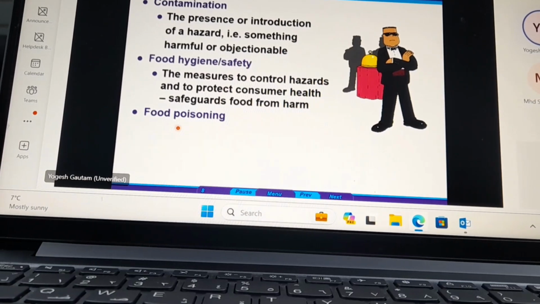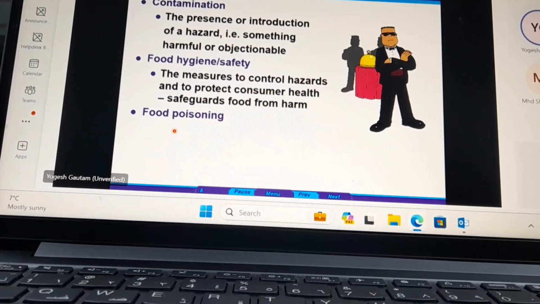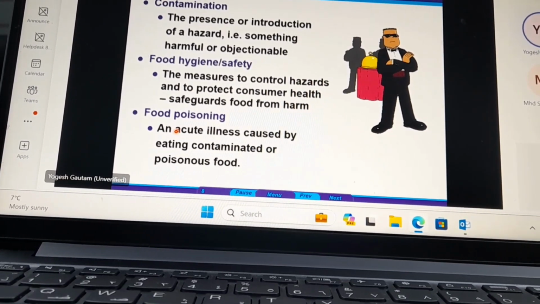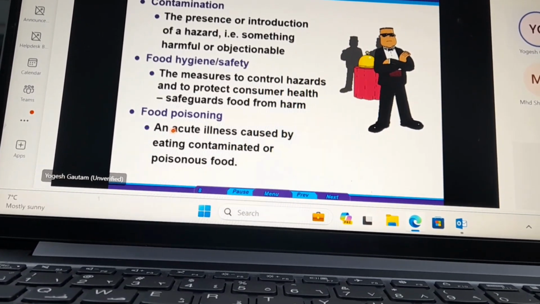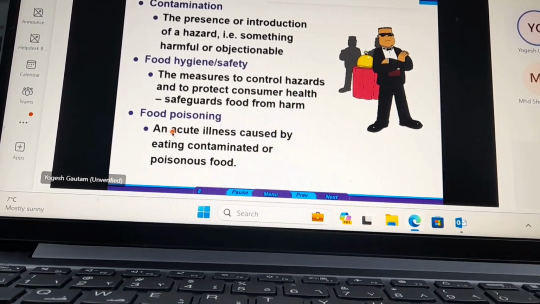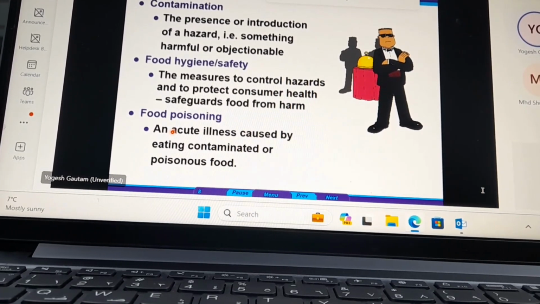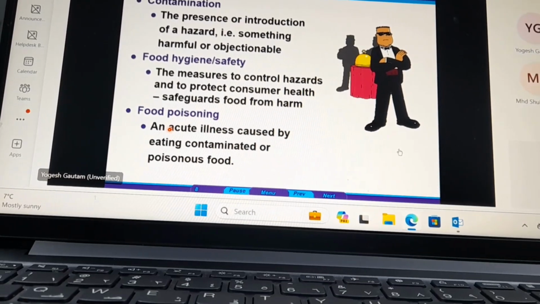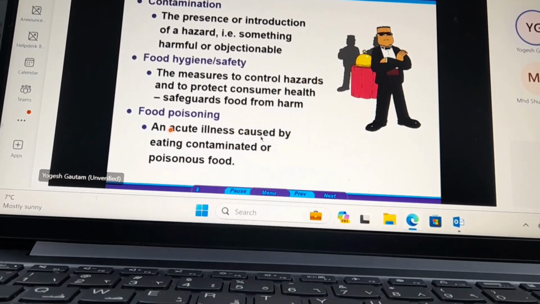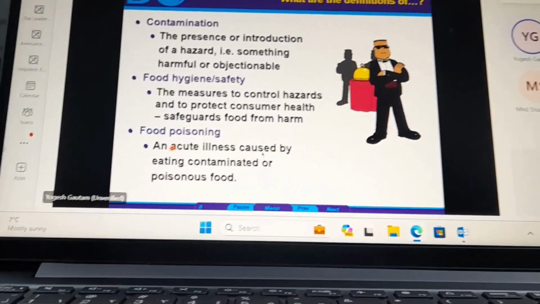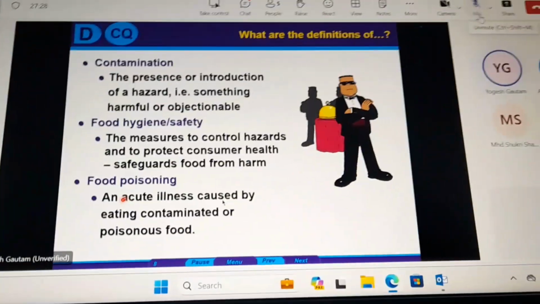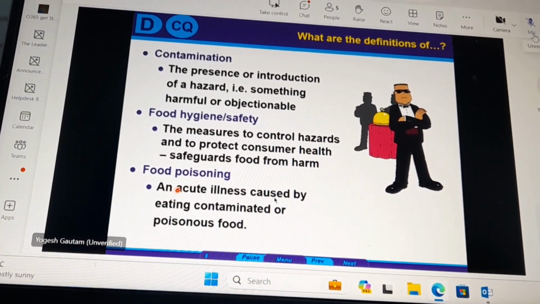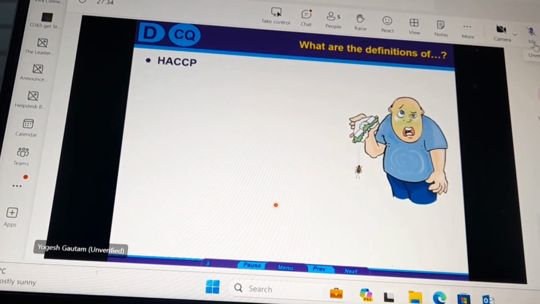Third is food poisoning. Under food poisoning, basically if somebody gets ill after consuming food which was contaminated by microorganisms, they may get illness like cholera, dysentery, and they may have vomiting also. All these things may happen. Then comes HACCP.